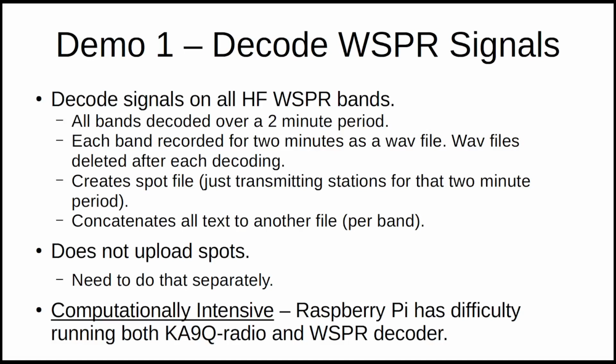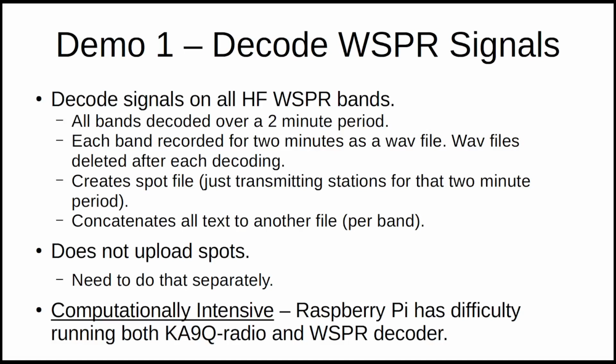It creates a spot file, just the transmitting stations for that 2-minute period, and it concatenates all text to the all text file per band. The WSPR service does not upload spots. Every 2 minutes when you've gotten a file, you'll need to upload that file separately to a spot collector.